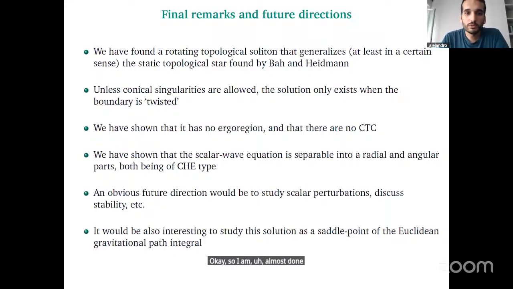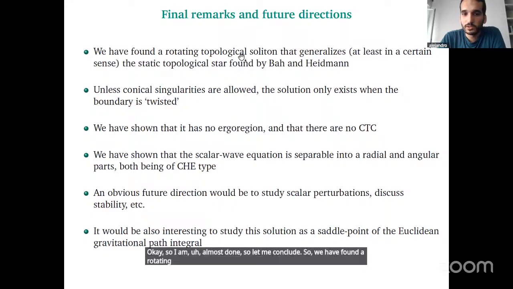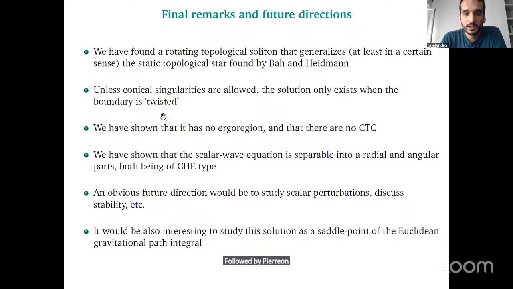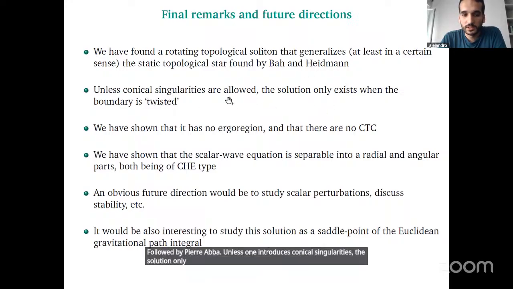So let me conclude. We have found a rotating topological soliton that generalizes in a certain sense the static solution found by Pierre and others. Unless one introduces conical singularities, the solution only exists if you have this twist at the boundary.